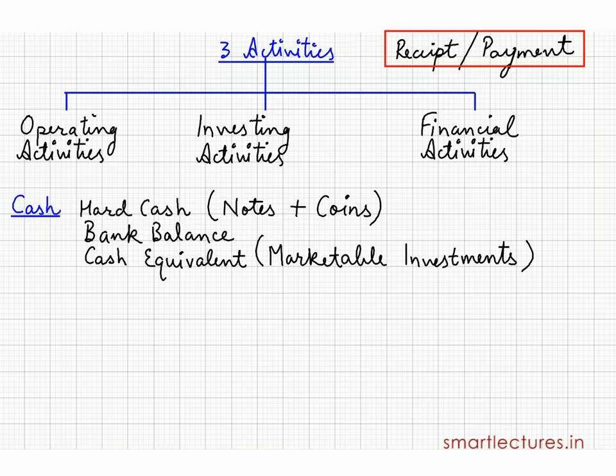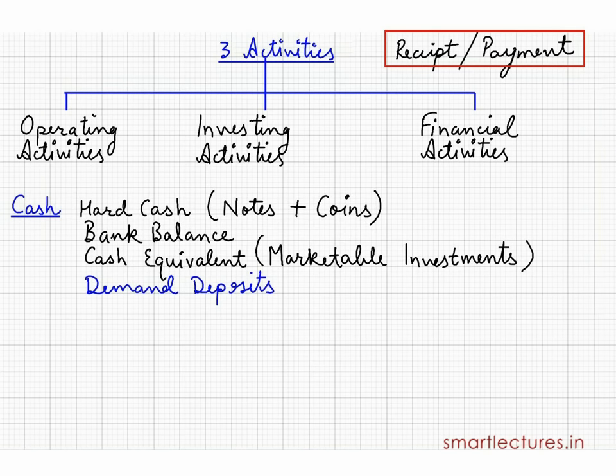So in cash flow statement, basically there is no difference between cash and cash equivalents. Again, cash means hard cash, means notes, coins, deposits in the bank, and any demand deposits. Demand deposits means you have invested money somewhere and it can be taken at any moment. That's called demand deposit. This is just like cash.